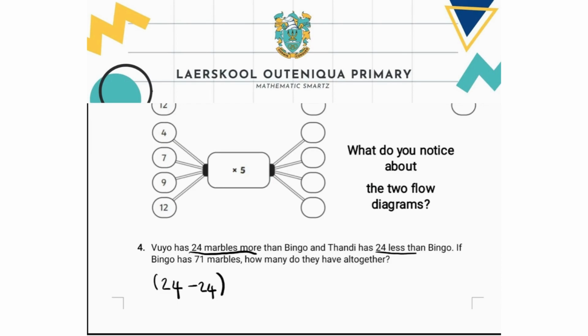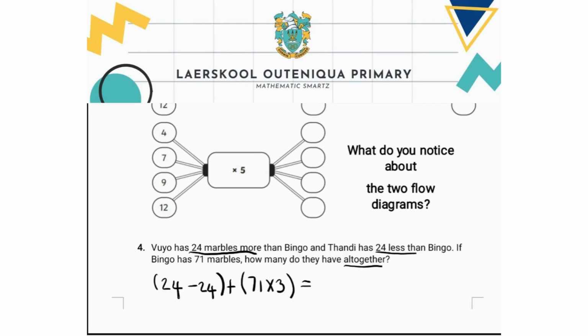The next part of my sum would be 71 times 3. Why 3? Because there are 3 children. And I also know that I have to figure out how many marbles they have all together. So as soon as I see this word, I know that I have to add. I need to keep my number sentence open so that I could add my answer afterwards.